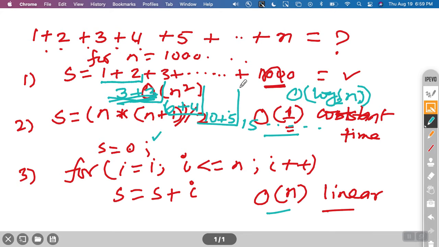Actually, the efficiency of an algorithm is measured by two things: how much time it takes, and secondly how much memory space it takes, right? Nowadays we have a huge amount of computer memory, right? Unless there is big data, memory is not an issue. But timing is an issue.